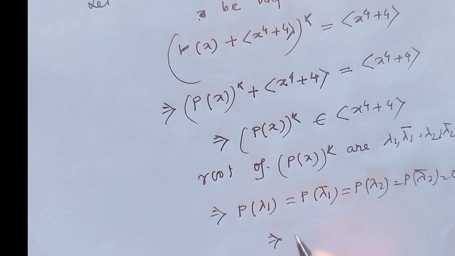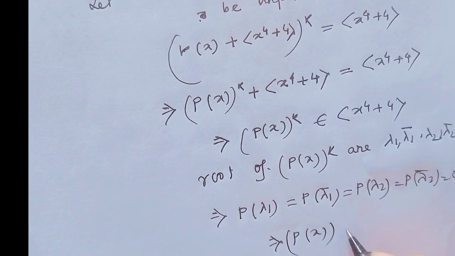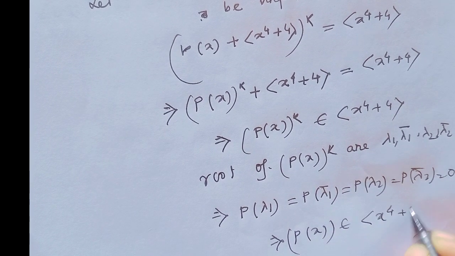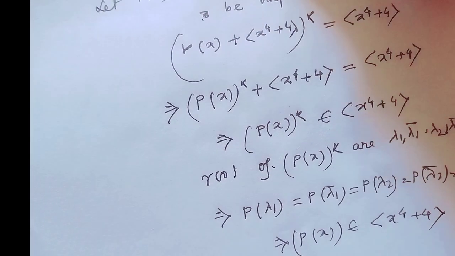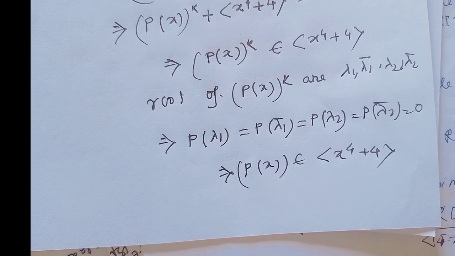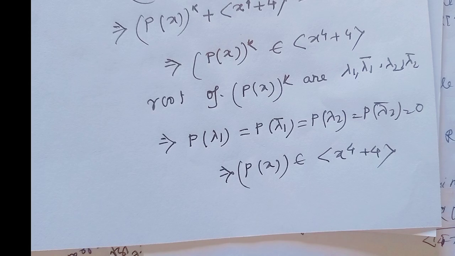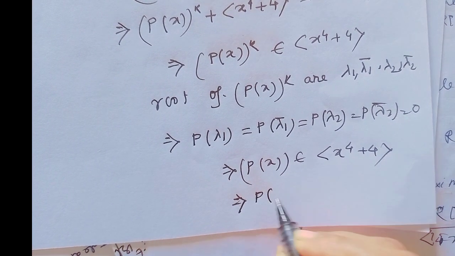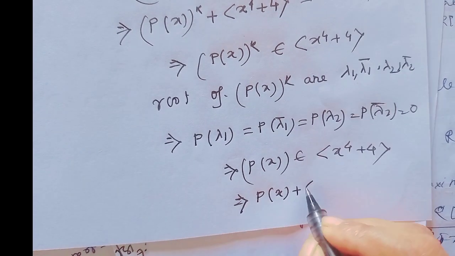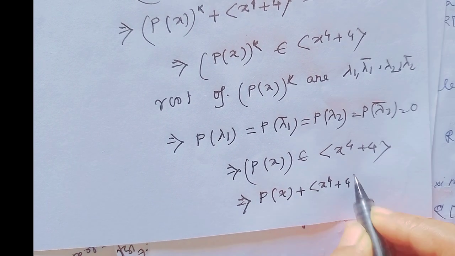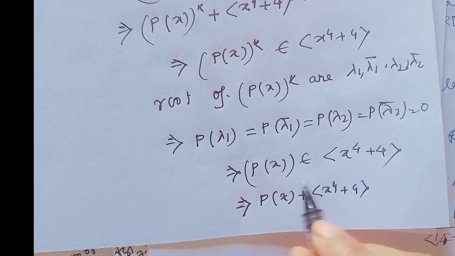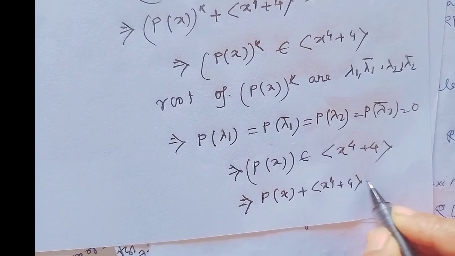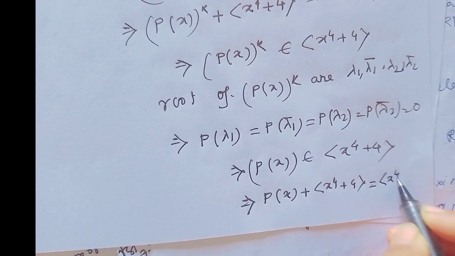That implies p(x) belongs to the ideal generated by x⁴ + 4. And the element p(x) plus the ideal generated by x⁴ + 4, since p(x) belongs to the ideal generated by x⁴ + 4, is equal to the ideal generated by x⁴ + 4.